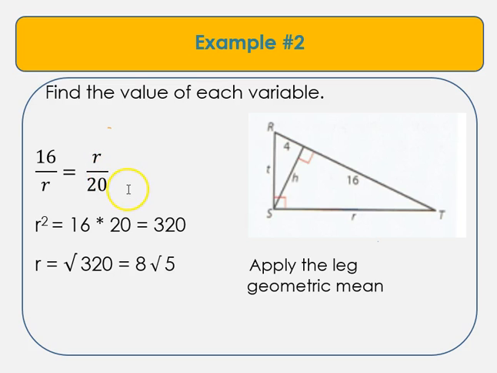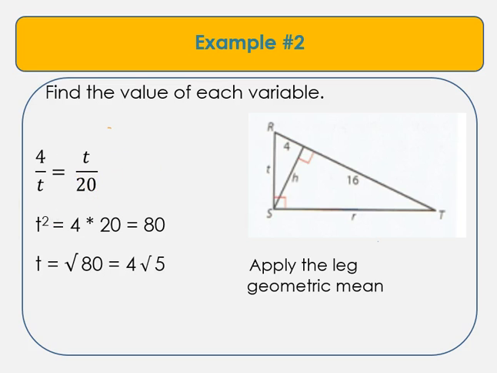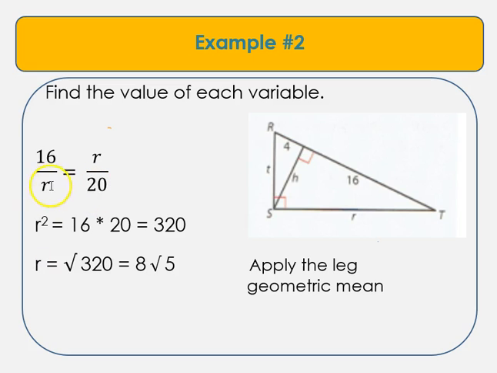So you have two conditions. In the last one, we had short leg to the hypotenuse of the two triangles that it compares. In the second condition, we have long leg to the hypotenuse. So r times r is r squared. 16 times 20 is 320. r is the square root of 320, which is 8 square root of 5.